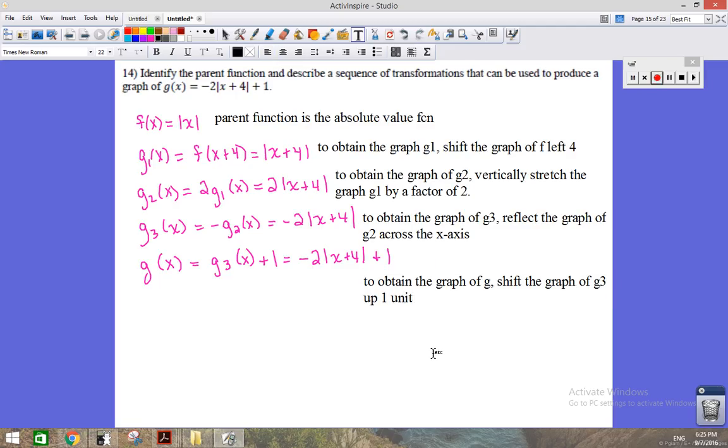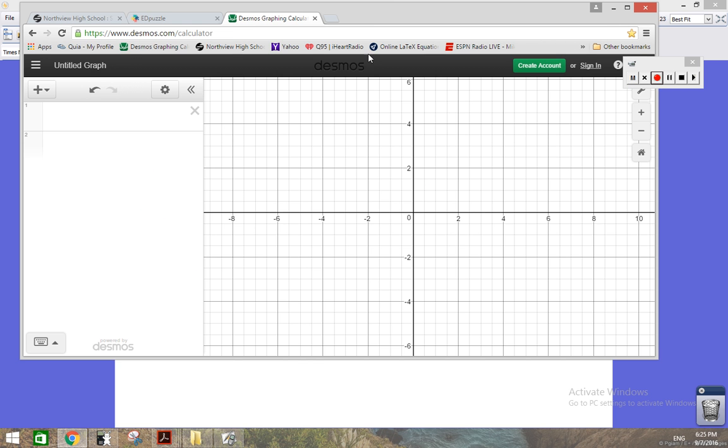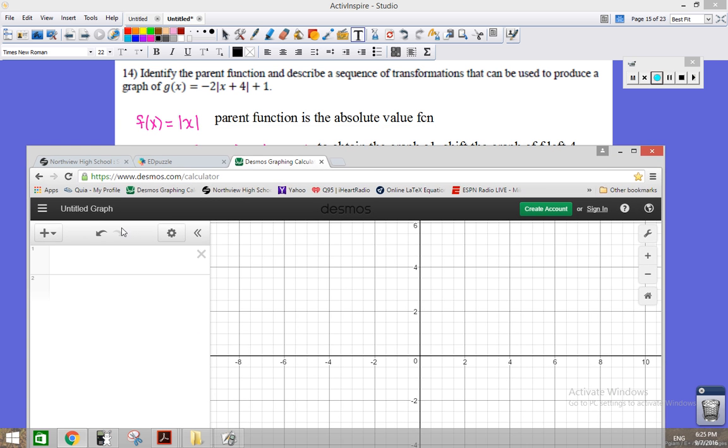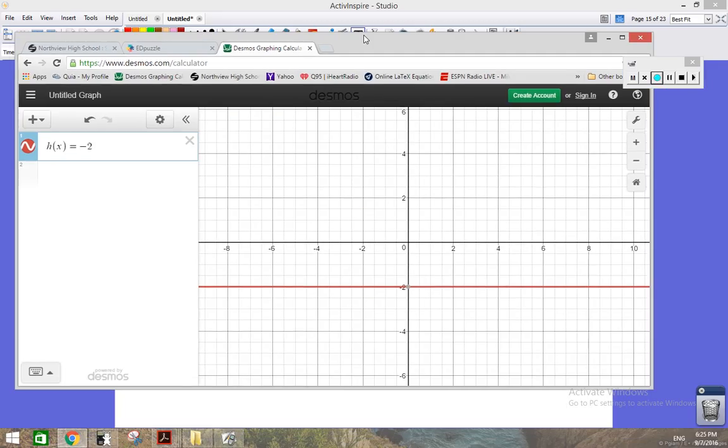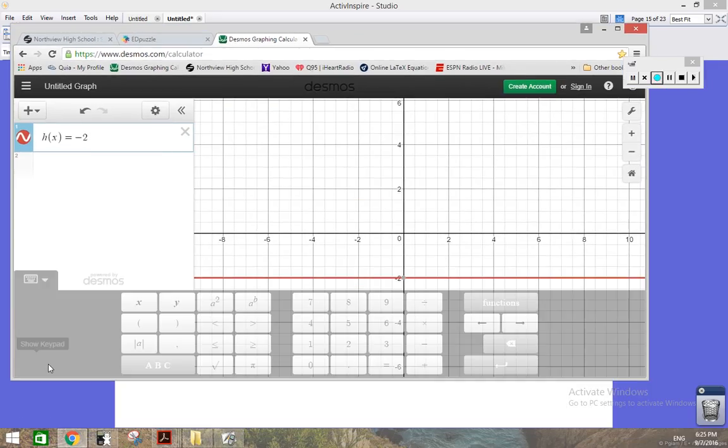Alright, so let's go to that Desmos graphing calculator and check and see if this description is correct. So if we go here, we know that the graph that they're asking us to get, my final answer, is, do I have absolute value symbols?